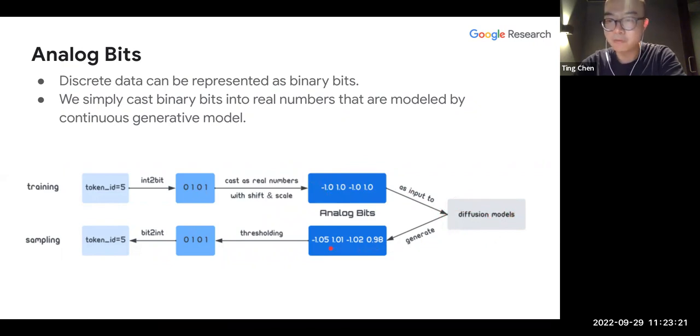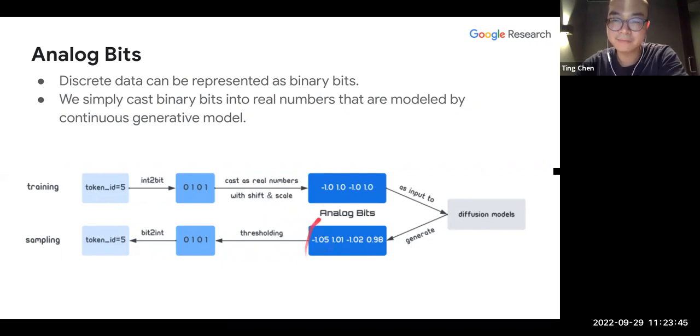Now hopefully the model will generate something like -1.05 or 1.01, because they are quite close to the two binary numbers. Hopefully that's what happens, but we will see if that indeed happens when we train this model.